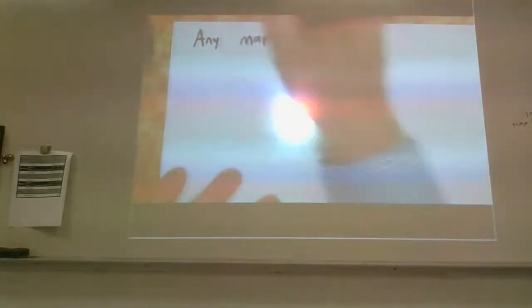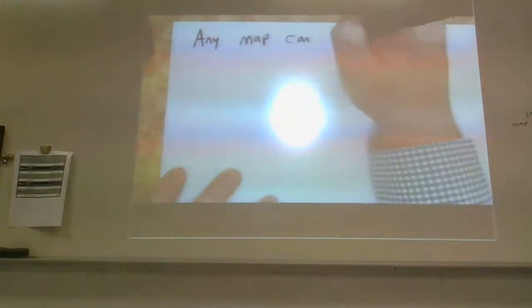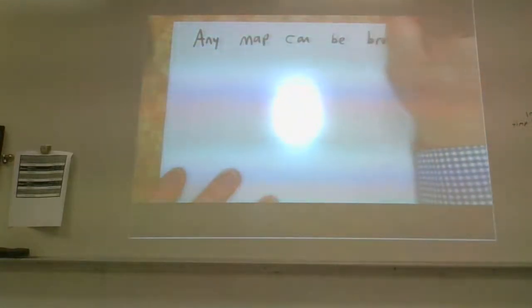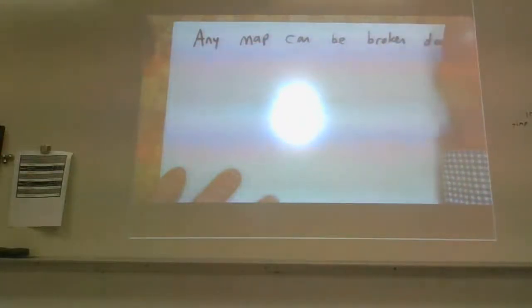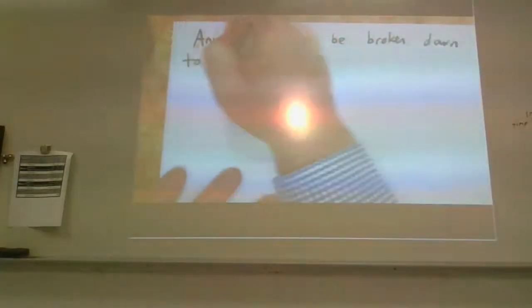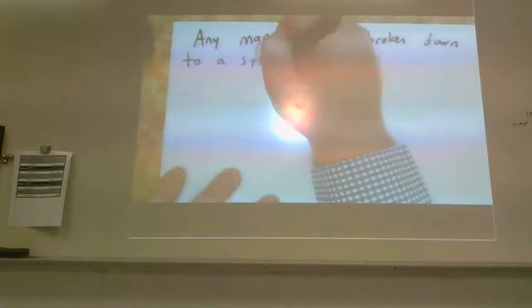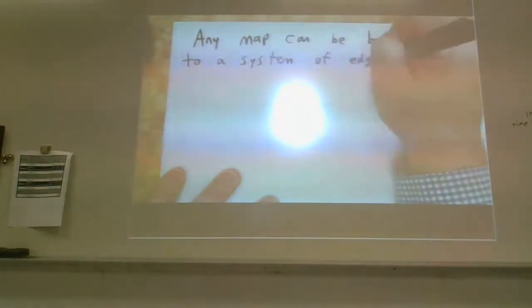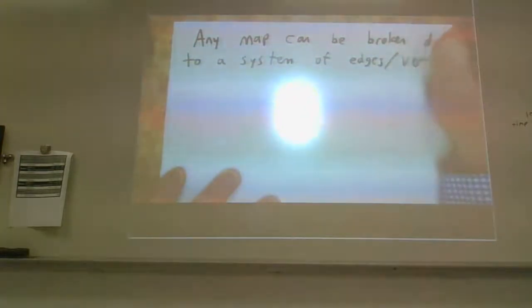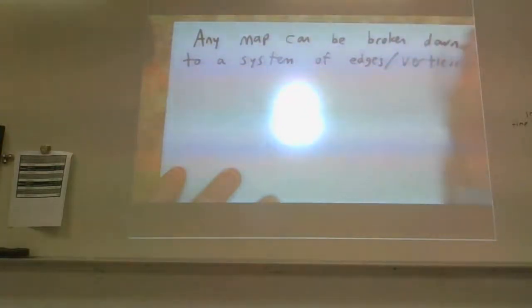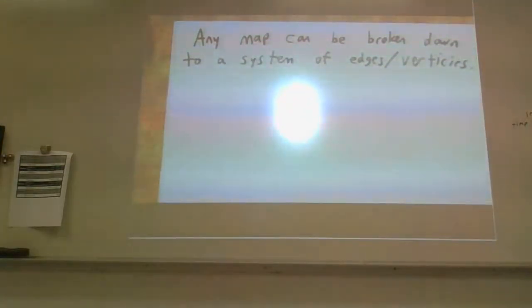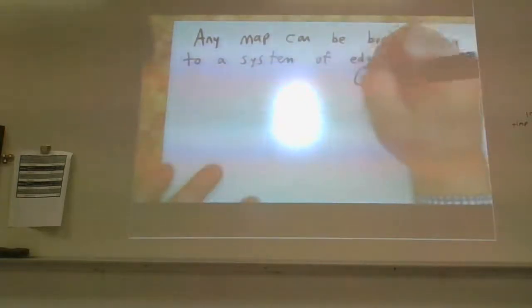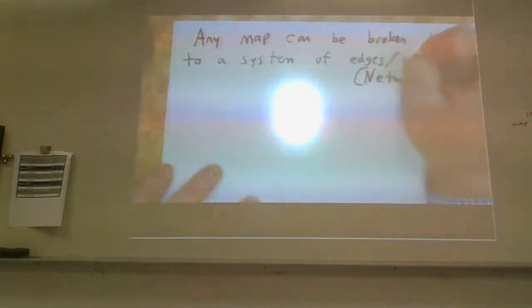Okay. So any map can be broken down to a system of edges and vertices, otherwise known in our cases as a network.